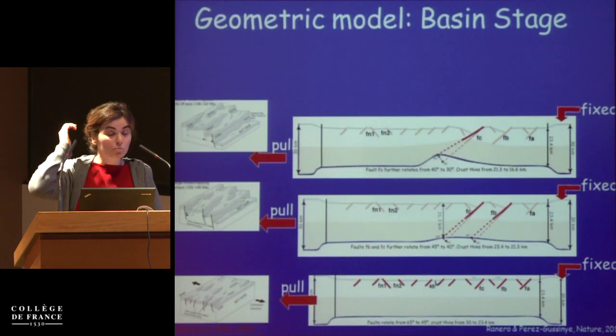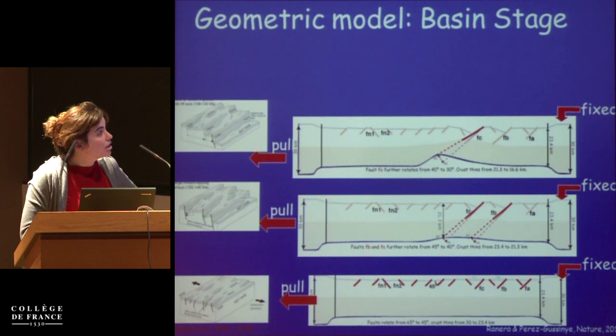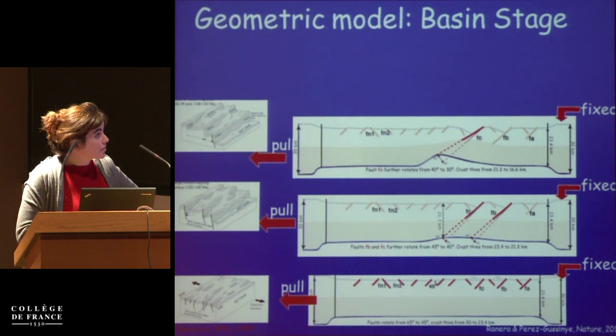So to conceptualize this model, we have built a kinematic model that summarizes this. And this is basically shown here. This is the evolution for the basin stage, mimicking what we learned about the East Shetland Basin.